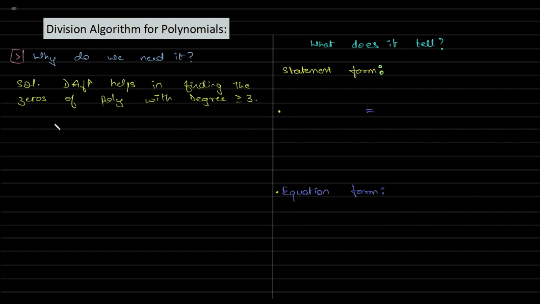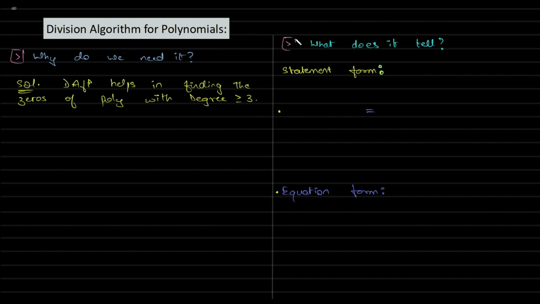Even for quadratic we can use it, not that we can't, but generally we use splitting the middle term, and for higher degree we use trial and error plus division algorithm. There are other ways of finding, but this way with trial and error and division algorithm we can find it a bit faster.